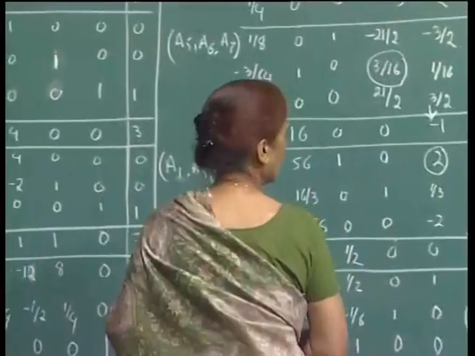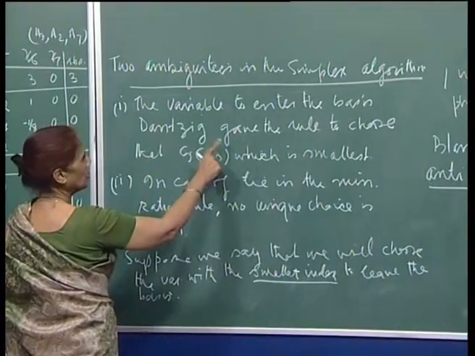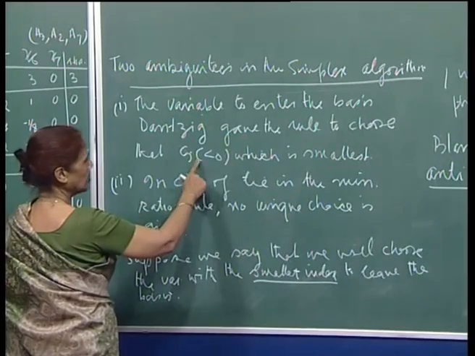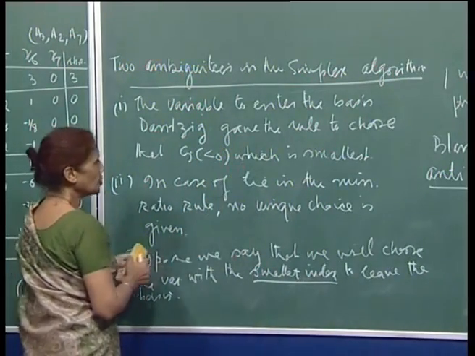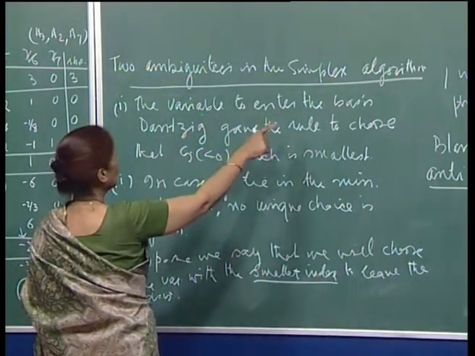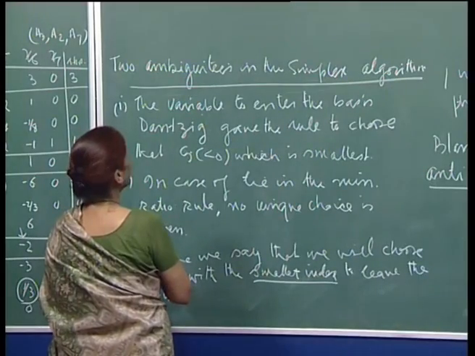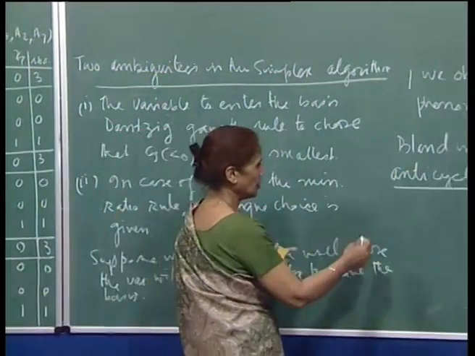He says that instead of choosing the variable that has the smallest Cj bar, he changed the rule for the variable to enter the basis. I will write the anti-cycling rule here.